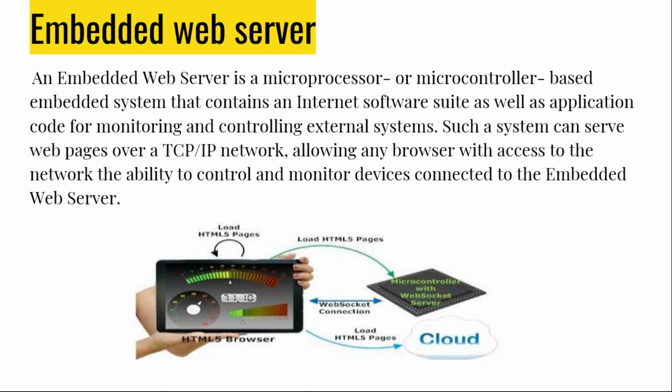Someone in the monitoring room will tell us the vehicle that just passed has 80 kilometers per hour, please chase it and catch him. So that is the example of an embedded web server.